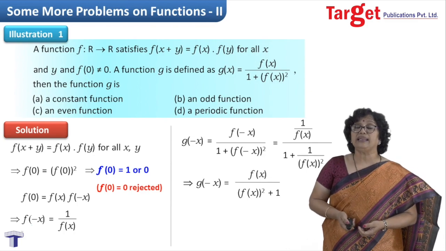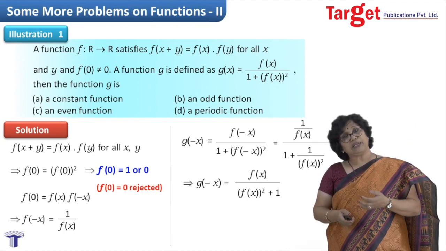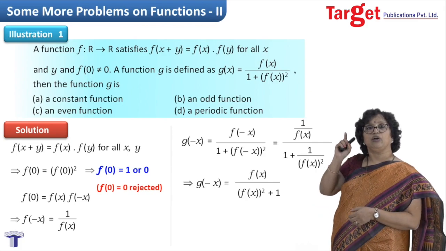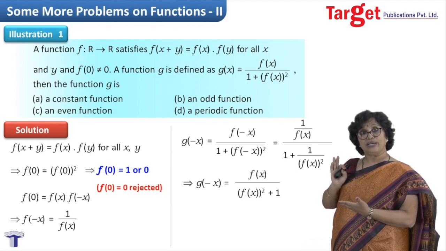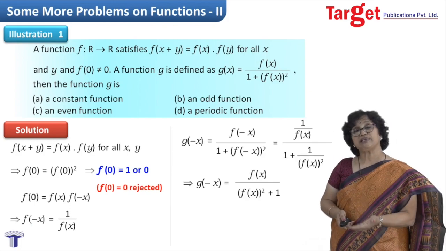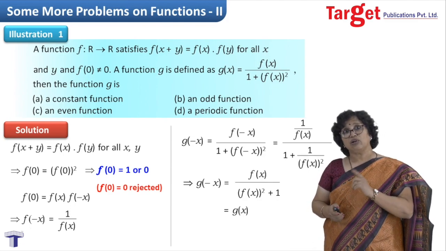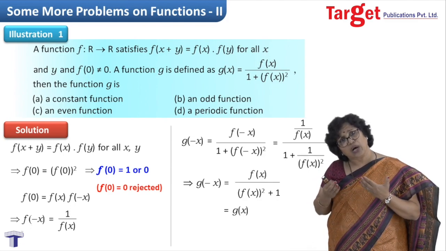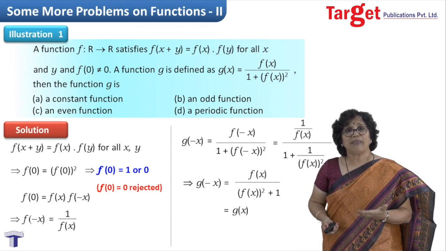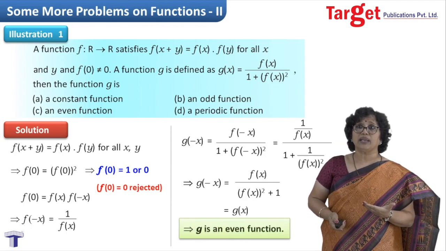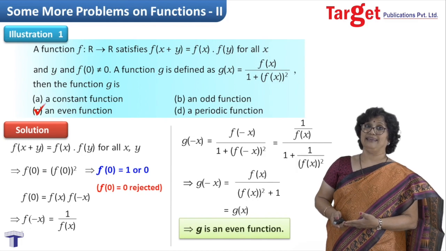Simplified further, you get g(-x) = f(x)/(1 + f(x)²). And what is given to be g(x)? See at the top in the definition of g in the question, it is f(x)/(1 + f(x)²) only. So, are we not getting g(-x) = g(x)? Yes. So, you are there. You have already achieved the result. g(-x) = g(x) for all x means what? g is an even function. So, my correct option is C.